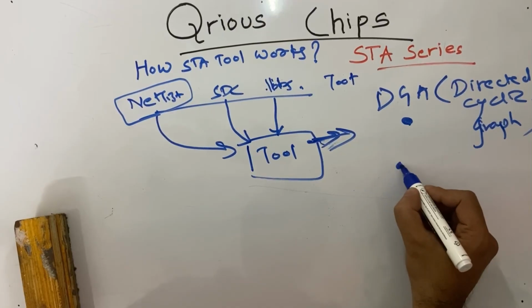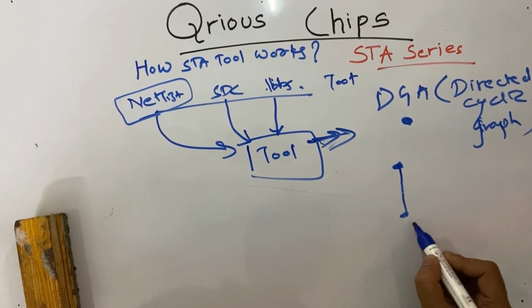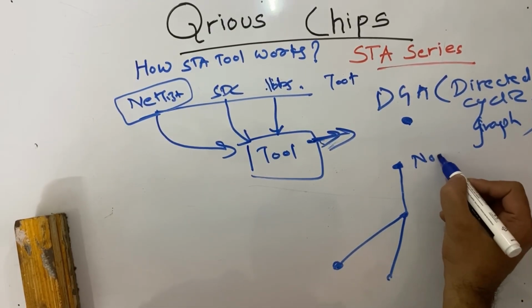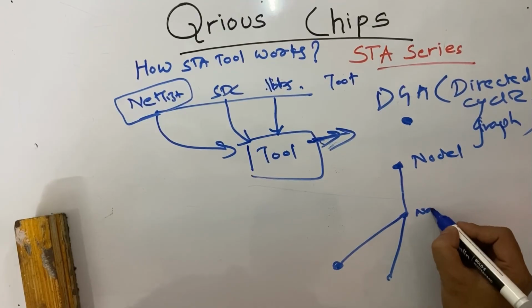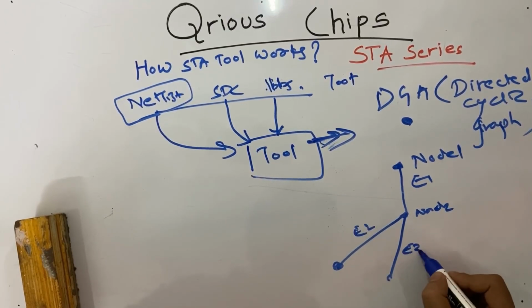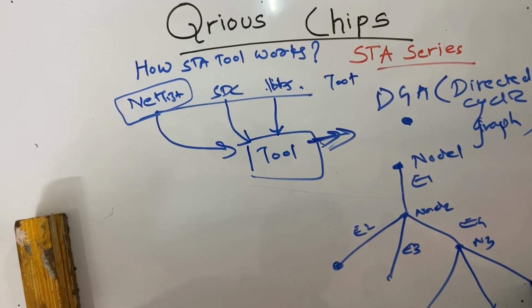So the tool takes the design and converts it into nodes and edges. Suppose this one is node 1, node 2, edge 1, edge 2, edge 3, edge 4, another one node 3, and other edges, edge 5, edge 6, edge 7.